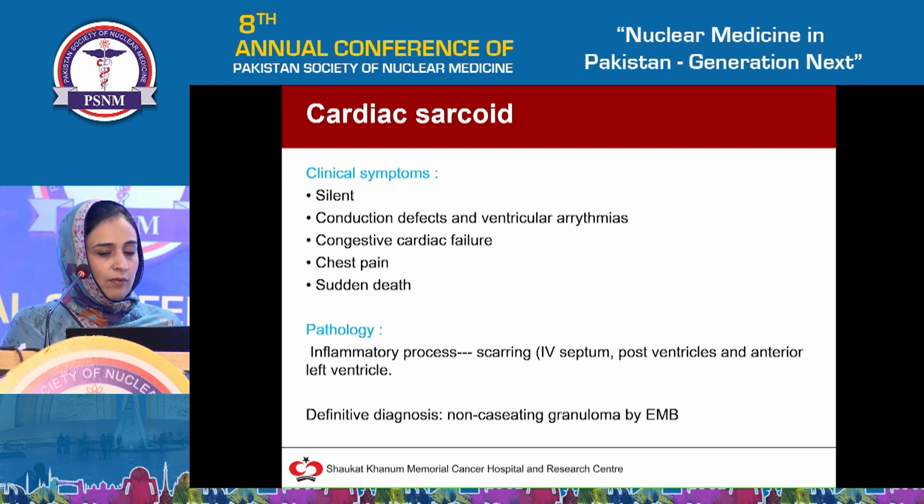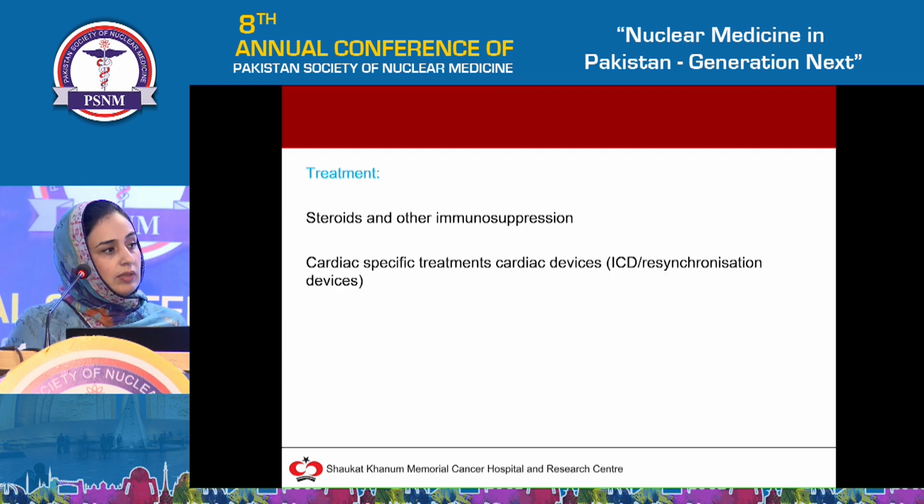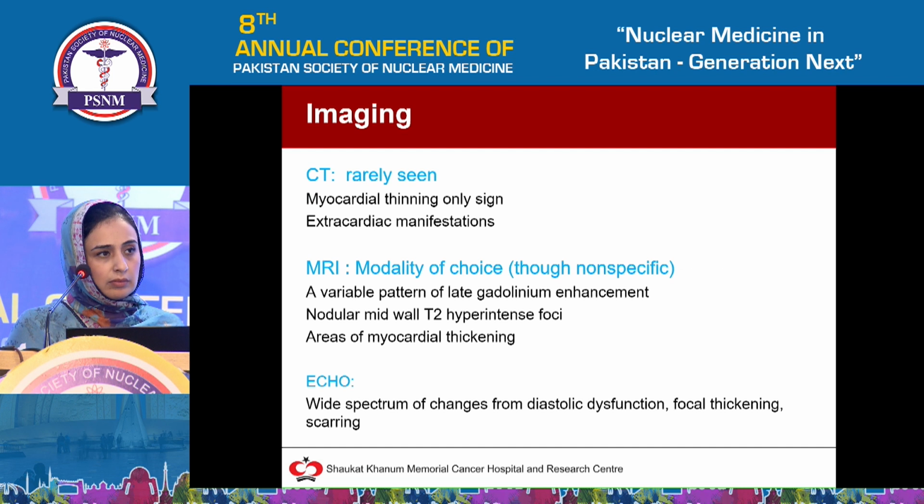The areas primarily involved are the interventricular septum, posterior parts of the ventricle, and anterior left ventricle. The definitive diagnosis is a biopsy, which shows non-caseating granulomas. Steroids and other immunosuppressants are the treatment, and some patients may need cardiac-specific treatments like devices, ICD, etc.